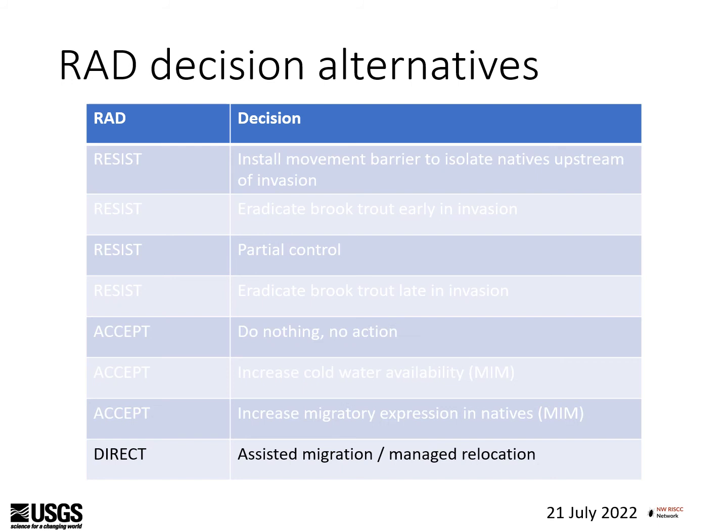And the third is a direct option. We just had one, and this is assisted migration or managed relocation. Basically, we're talking about moving bull trout from where they are native into a suitable but unoccupied habitat within their existing range, or maybe on the outside of that, depending on the flavor of relocation you want to look at.